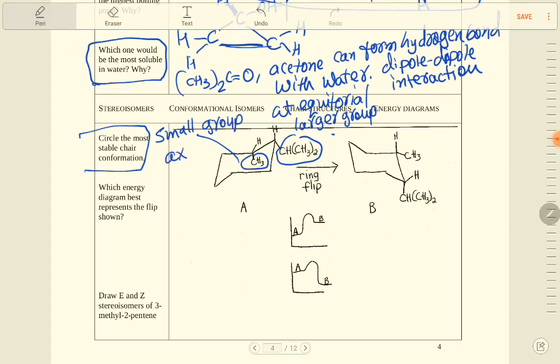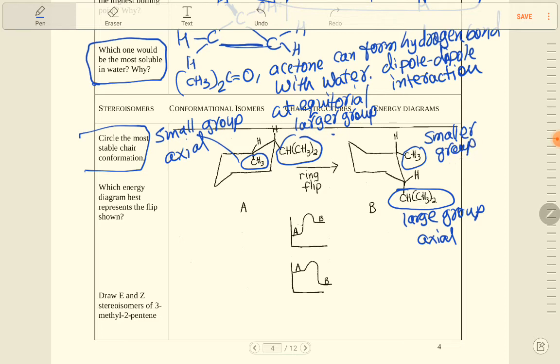At axial position. Now when you look at this one, the large group is axial, and the smaller group is equatorial.